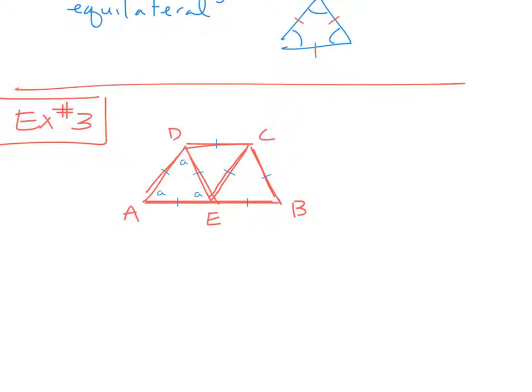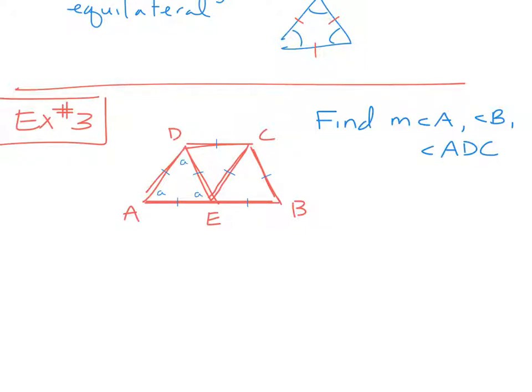So what we're going to find here, we are going to find the measure of angle A, the measure of angle B, and the measure of angle ADC. Okay. So we're going to call angle A for now, the lowercase a, just to give it a variable to go with it.